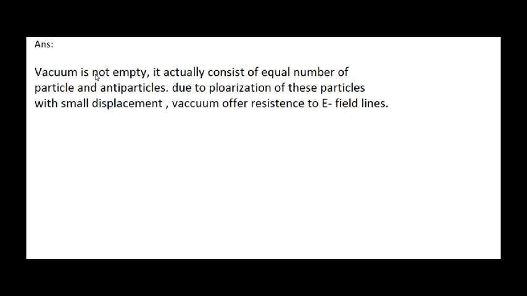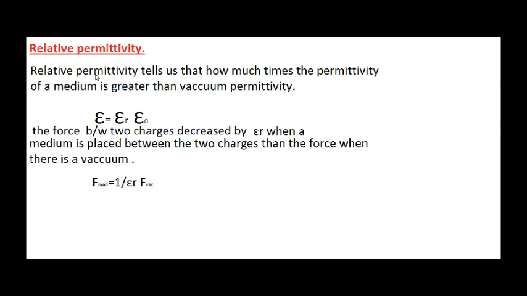The total number of particles is 0. And due to polarization of these particles and antiparticles with small displacement, vacuum offers resistance to electric field lines. I think it will be clear to you.